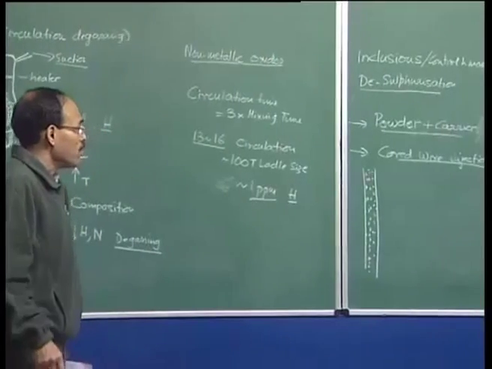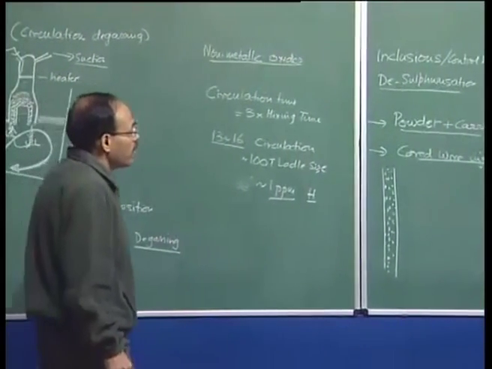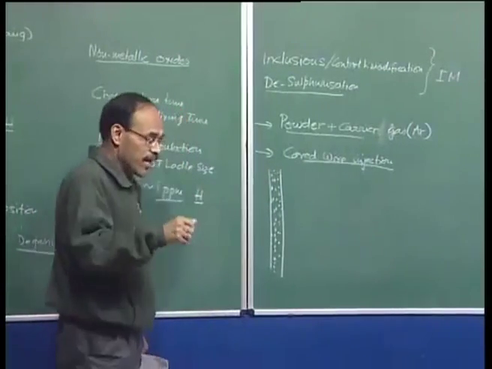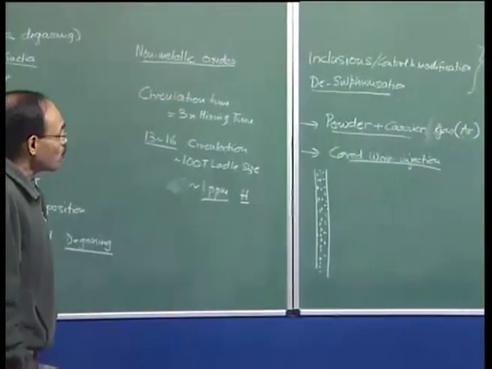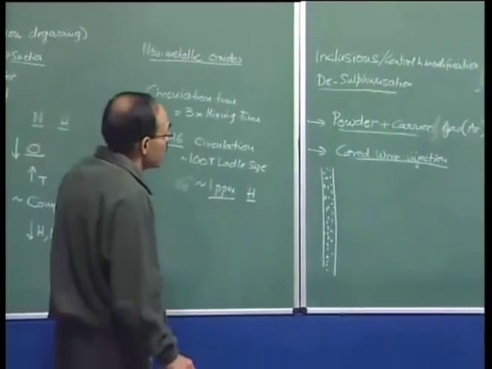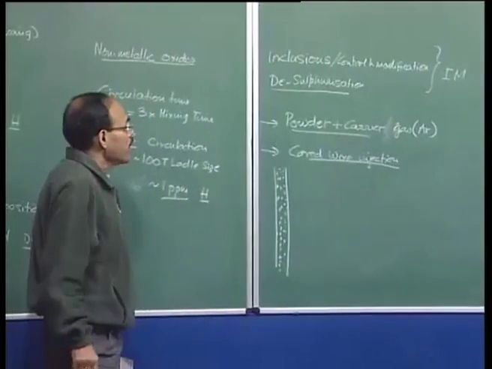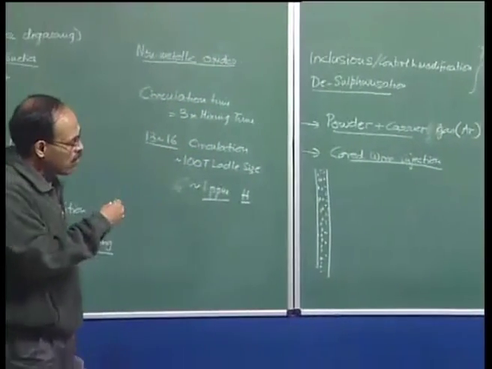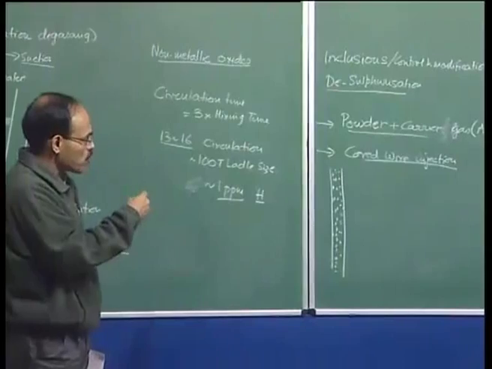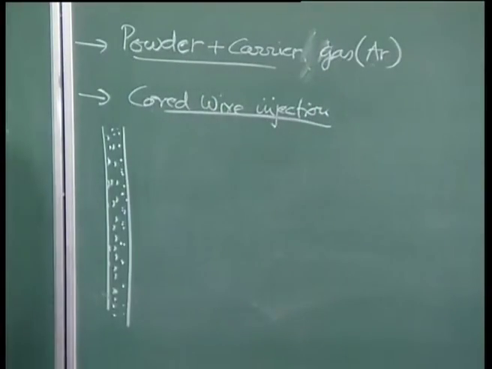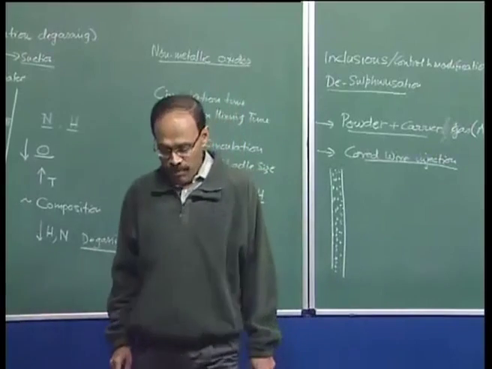Calcium sulfide may form, and if you have inclusions like alumina, etc., and you inject calcium, we will be able to control inclusion morphology as well as inclusion shape and characteristics. One important problem with calcium injection is that calcium under steelmaking conditions is gaseous in nature.